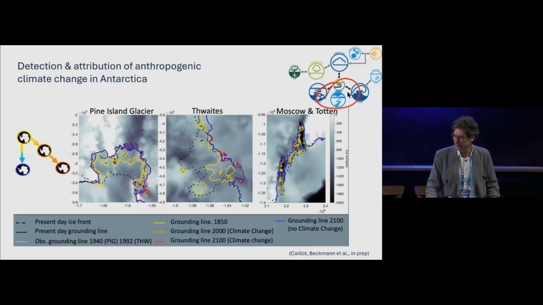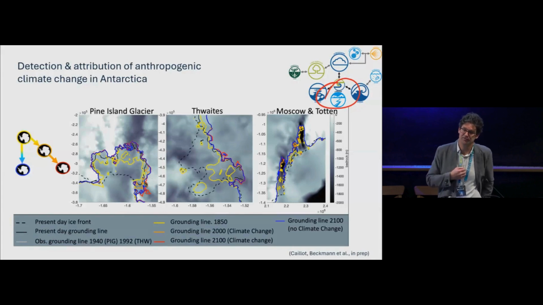We've gone through the process of selecting the ice sheet model. Felicity's going to talk more about this in her keynote today, and I guess I just wanted to highlight there is already some capability in running ice sheet models. They're not coupled to the ACCESS framework yet. We hope in a few years that they will be. And what this slide is showing is simulated grounding lines from different points in history with and without climate change.